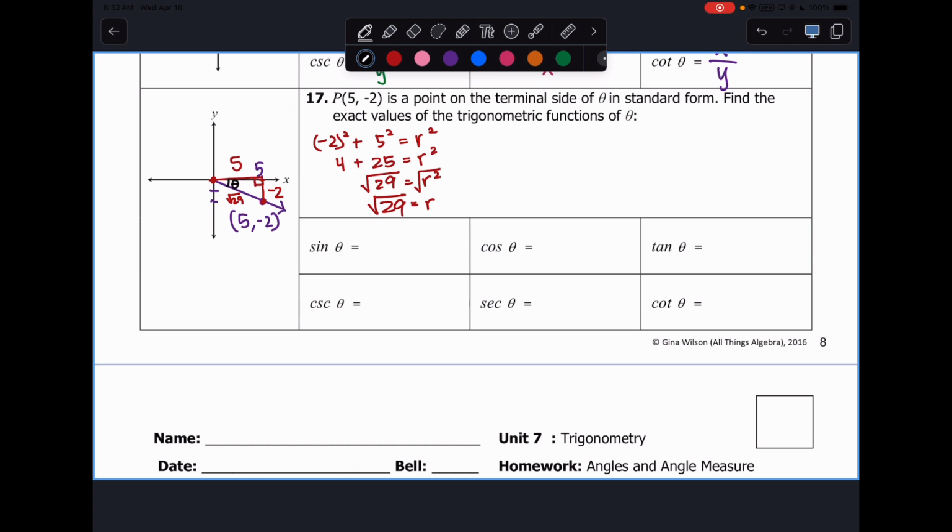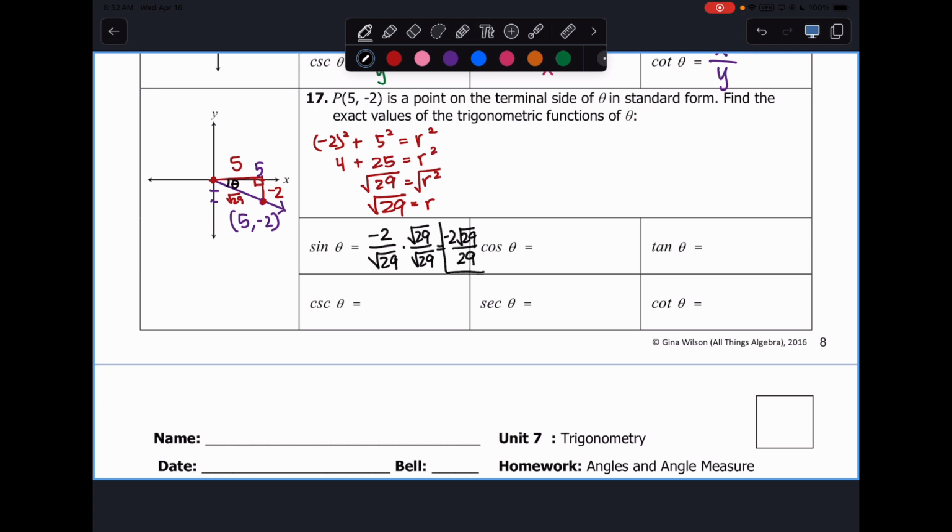So you just put those in. -2 over rad 29. Now, can I leave rad 29 in the denominator? You don't want to. It's just bad form. So we're going to multiply numerator and denominator by rad 29. And you should get -2 rad 29 over 29. Anything else I can simplify?